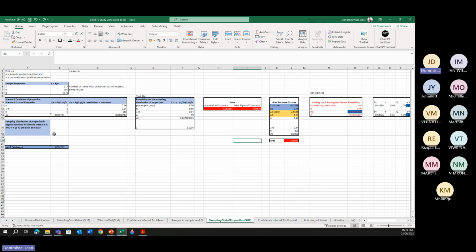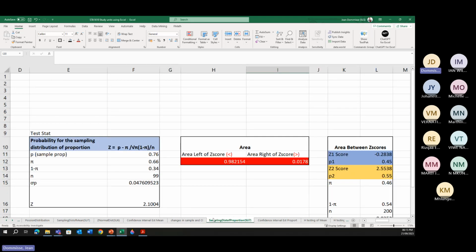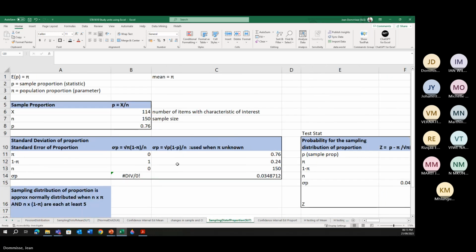Let's see if we can make this a bit bigger. Okay, the things that they have given us. The first thing we can include here is N. They tell us that the sample size was 1,000.